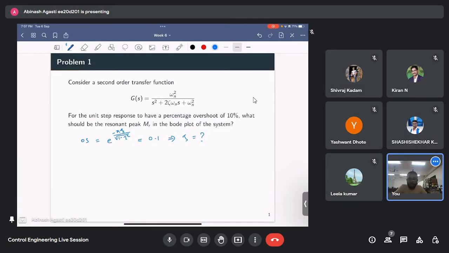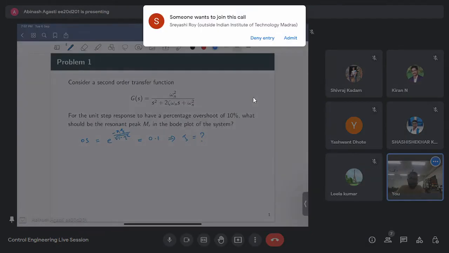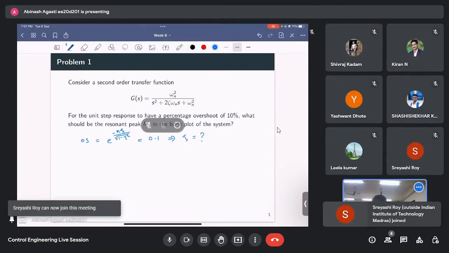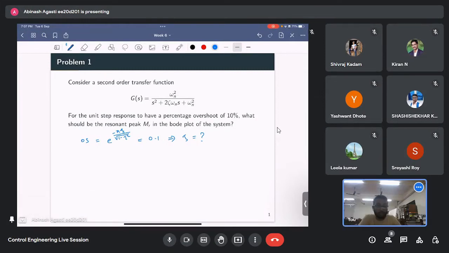Yes, someone? What should the value of zeta be for this to be 0.1? The voice is not audible actually.